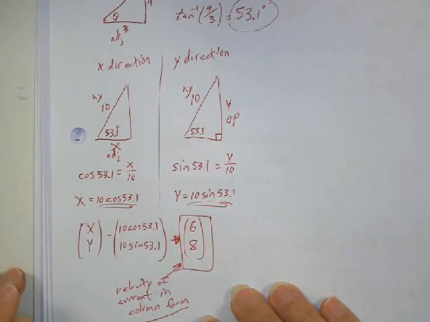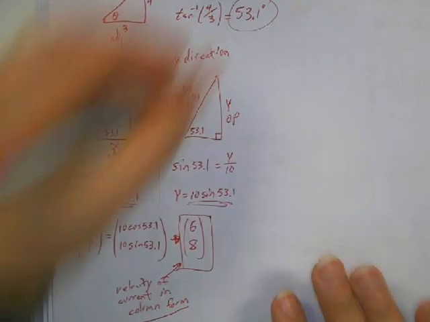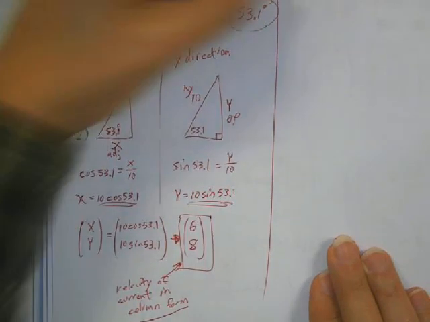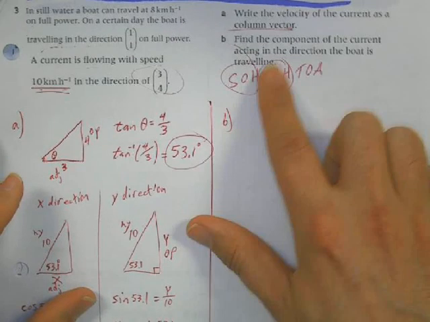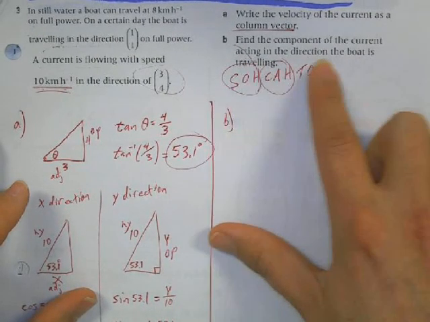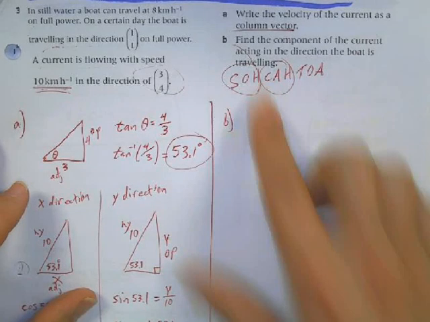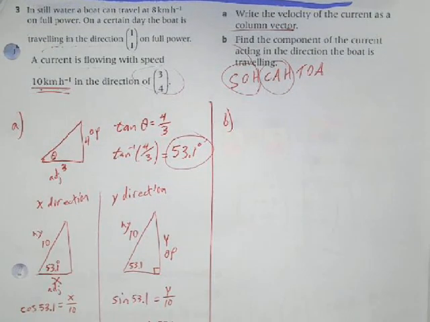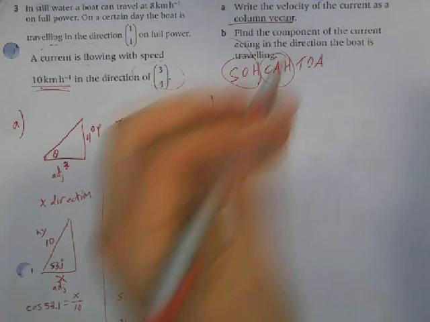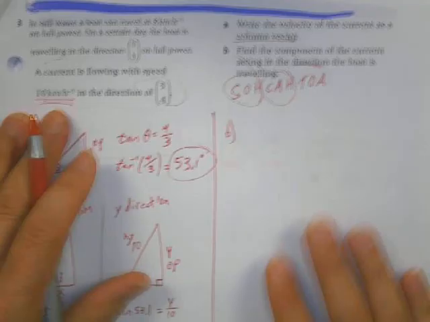Question B says, find the component of the current acting in the direction the boat is traveling. Okay, so in the direction, that means parallel, right?